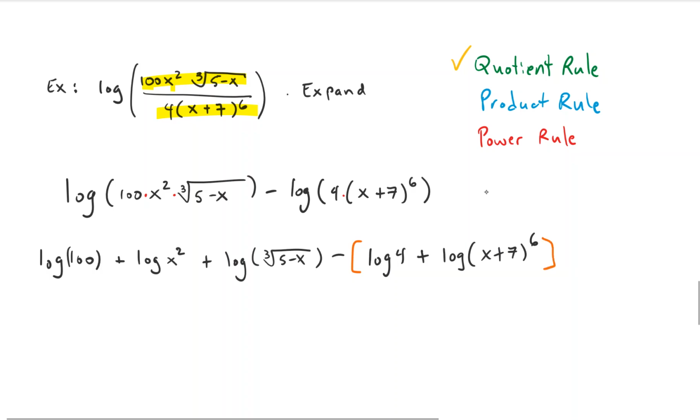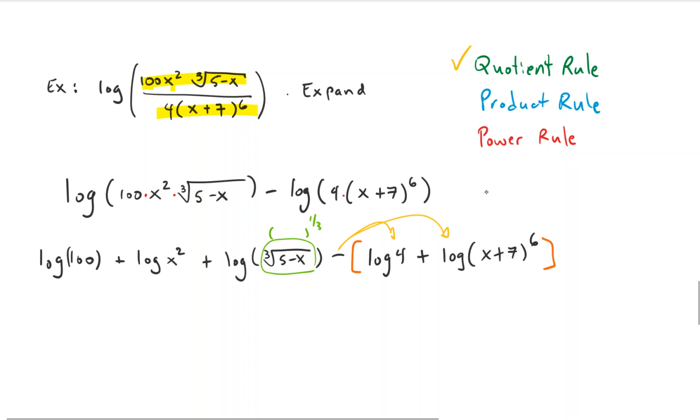Close bracket. So we need to distribute that negative. First, remember, we should change all radicals to their exponent form. So this is going to be something to the 1/3 power instead of a cube root.